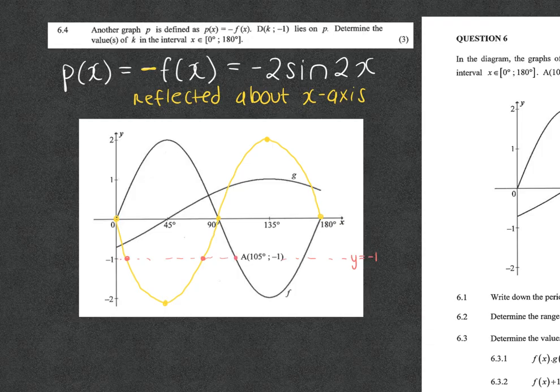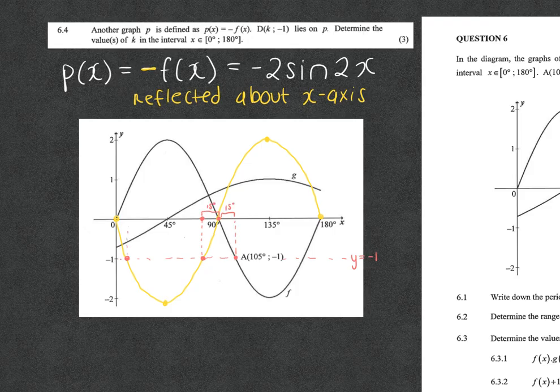Remember what I told you guys with regards to symmetry: the distance between this x-intercept and this point will be the same as the distance from the x-intercept from there to here. So if this is 15 degrees, then this is going to be 15 degrees.